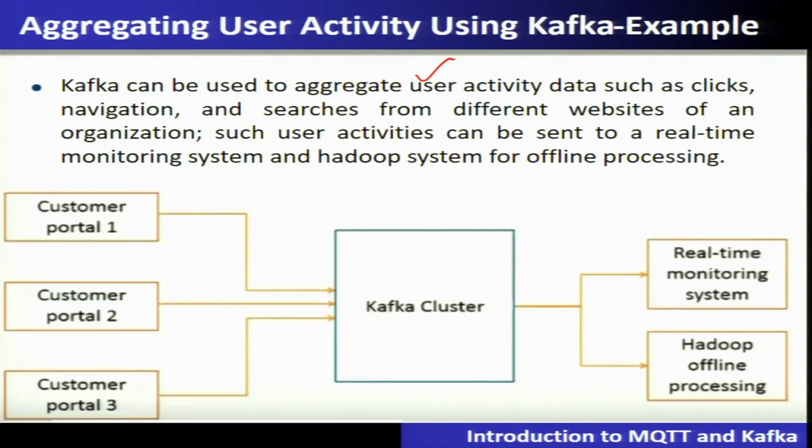Here you can see the customer portals are linked to the Kafka cluster. These customer portals are sending different events or messages, streaming the messages from different websites, and this is sent to Kafka for real time monitoring and offline computation.